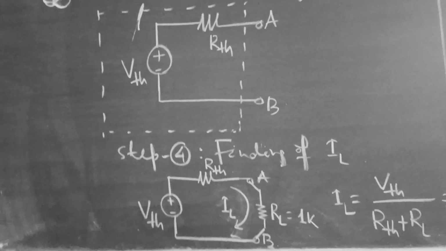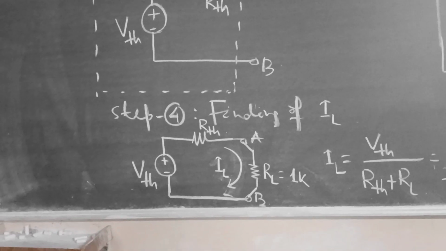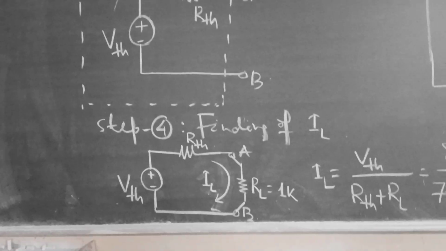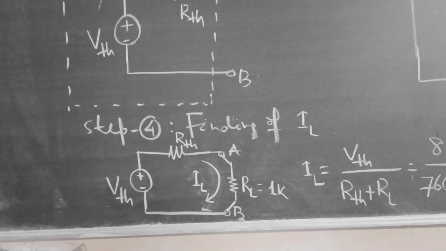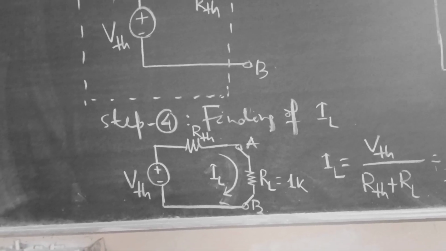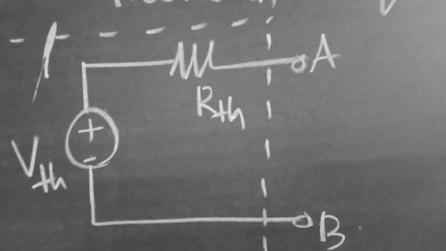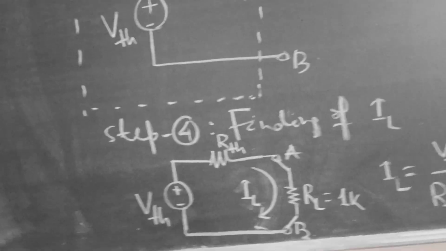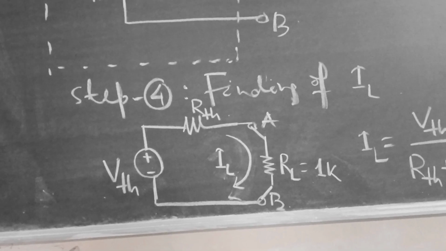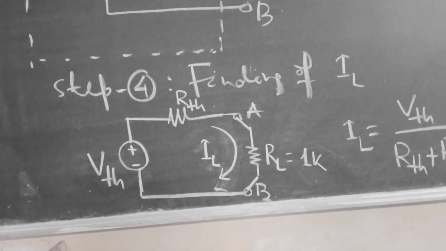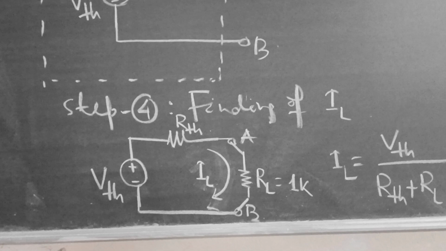Then step 4. Now we have the Thevenin equivalent circuit. In step 4, the load resistance that we removed from the beginning, you now connect across AB. Once you connect it, it becomes a closed circuit. The load resistance we removed earlier is 1 kilo ohm. Now we have the values of V Thevenin and R Thevenin.